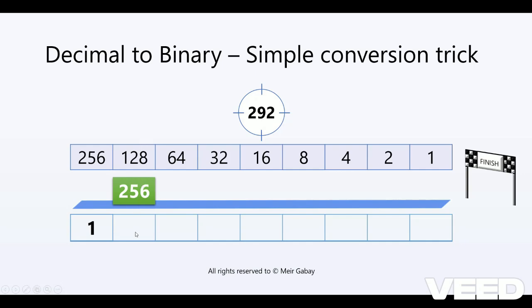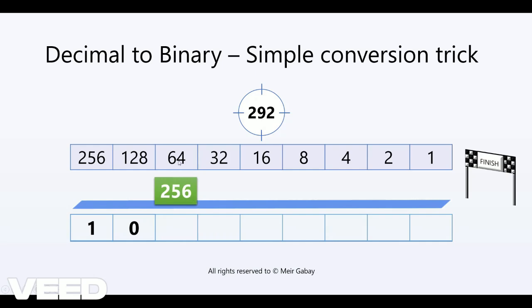We just put 0 over here. Moving on to 64. Does 256 plus 64 fit in 292? No, it's not, so we put a 0 over here. Moving on to 32. Does 256 plus 32 fit in 292? Yes, it is. It's 288. So we sum them up and we put 1 over here.